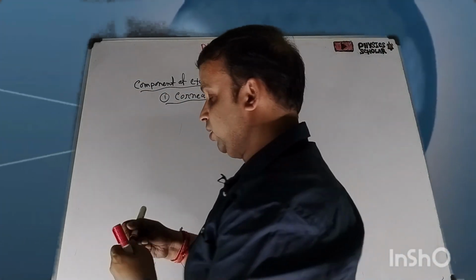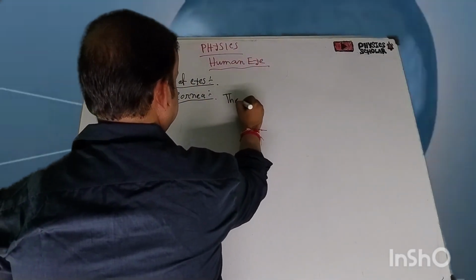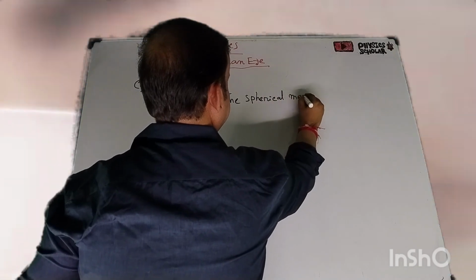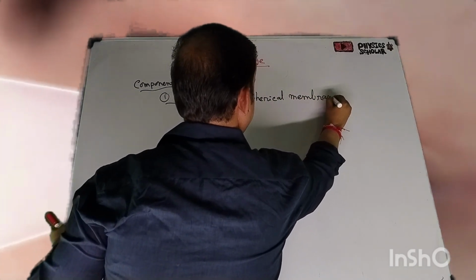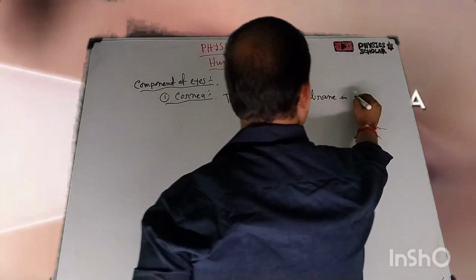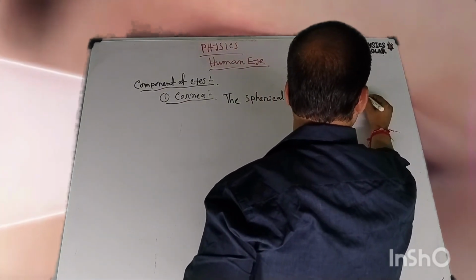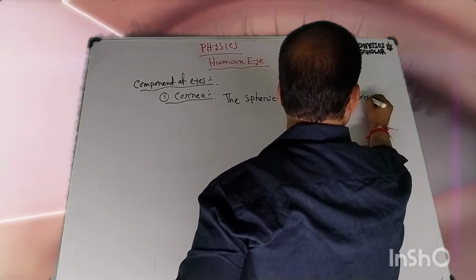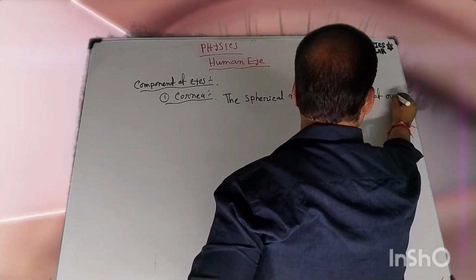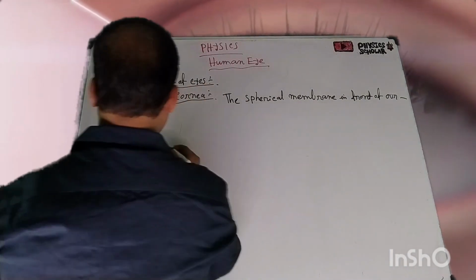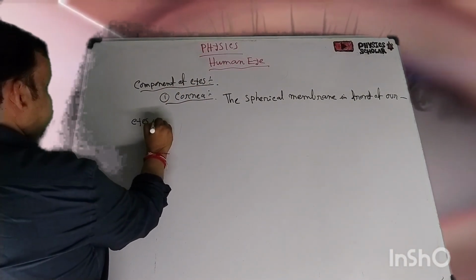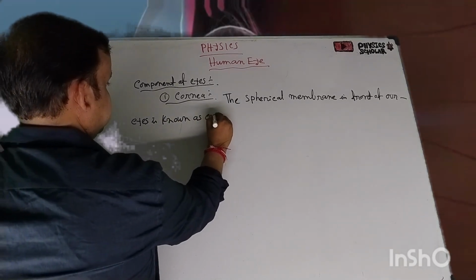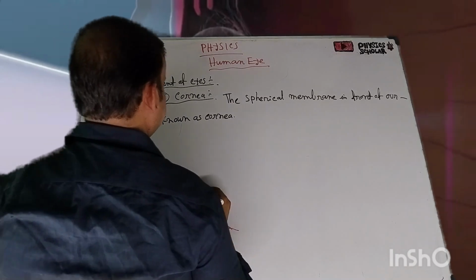So what is the cornea? The spherical membrane in front of our eyes is known as the cornea.